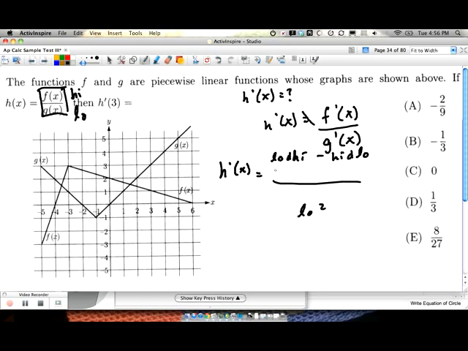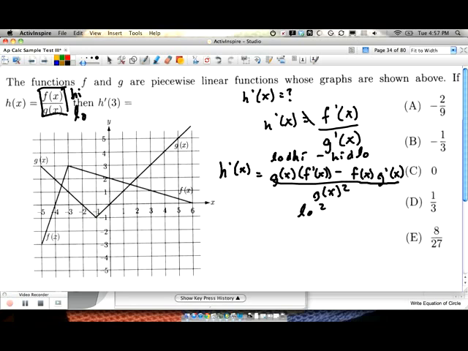So low d high is going to be g of x times the derivative of the high, which is f prime of x, minus high d low. We're going to invert those a little bit there. So now we have f of x times g prime of x. Now on the bottom we've got the low squared, so it's g of x squared.